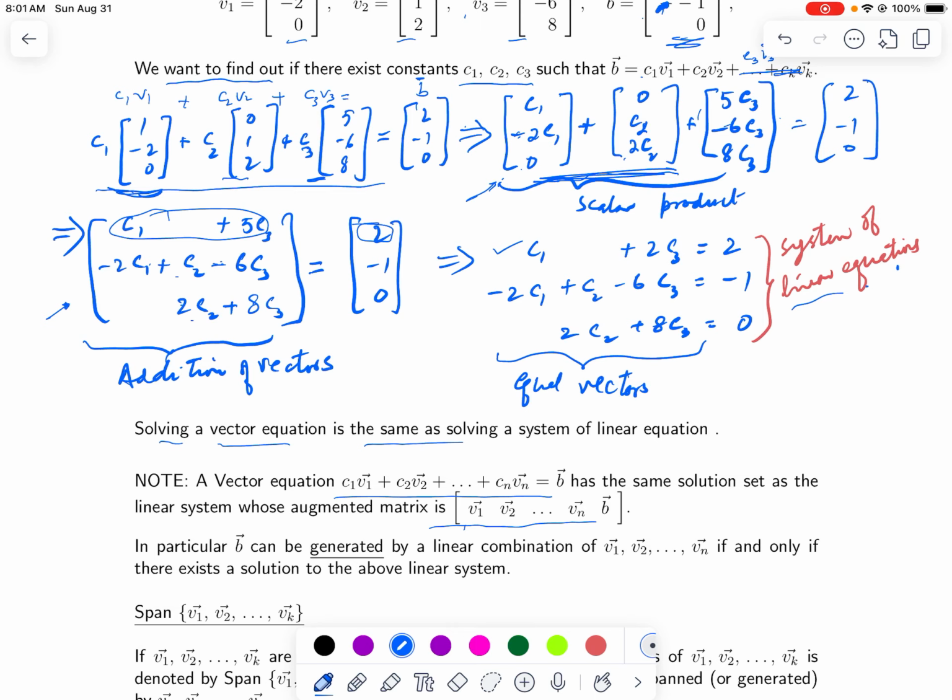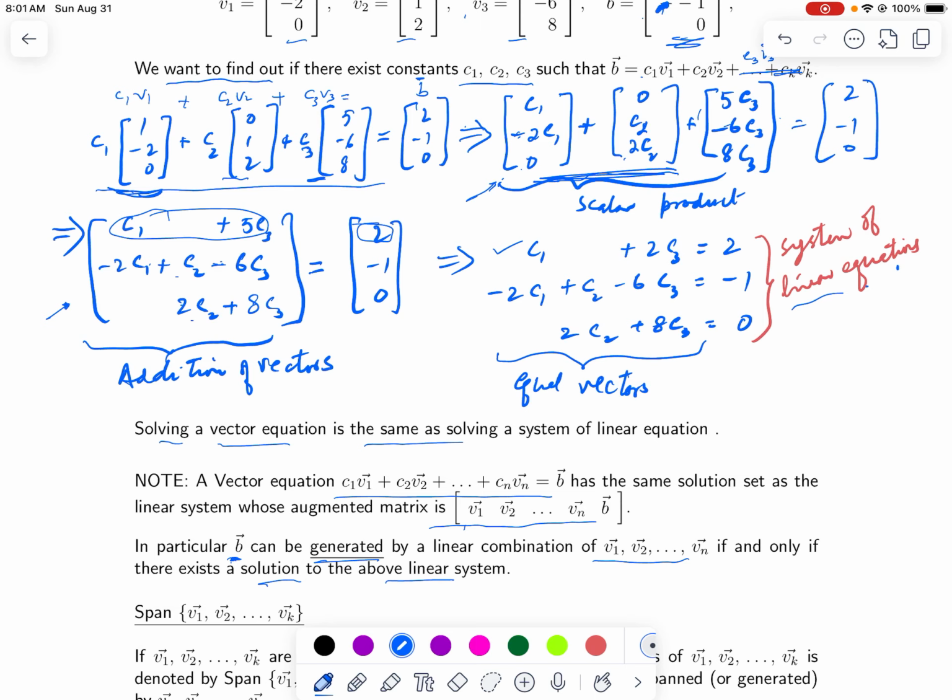So in particular, we can say that b can be generated by a linear combination of these vectors if and only if there exists a solution to the above linear system.